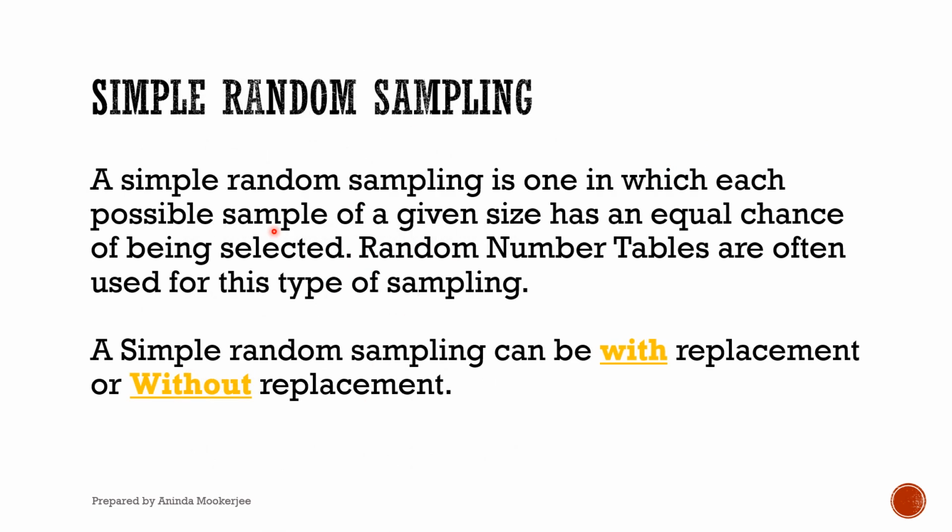Now let's try to understand what the simple random sampling process is about. Simply put, this sampling method is the good old-fashioned picking a name from the hat. To give you an example, let's say I'm performing a study on my statistics class, and that is my population.